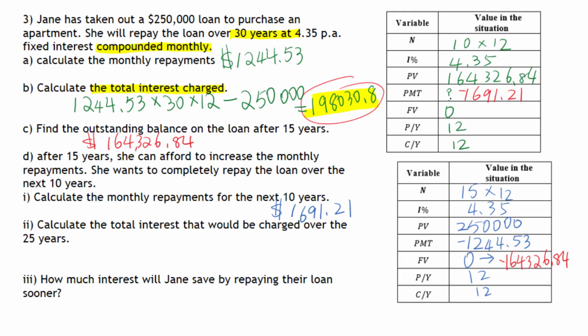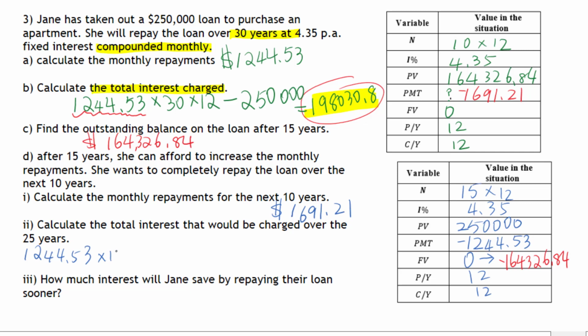Let's go to number 2. Calculate the total interest that would be charged over the 25 years. The first 15 years, she paid $1,244.53 for monthly payment. So we use 1,244.53 times 15 times 12.